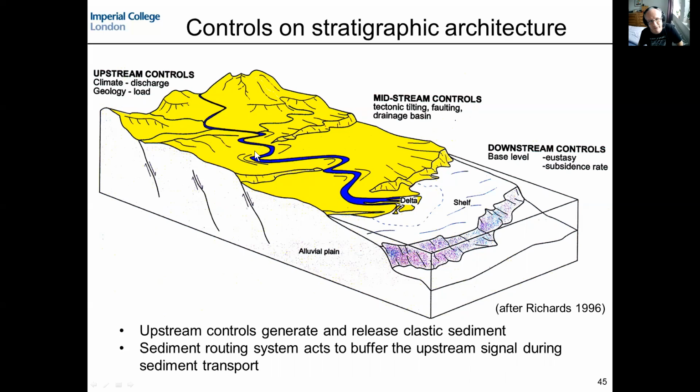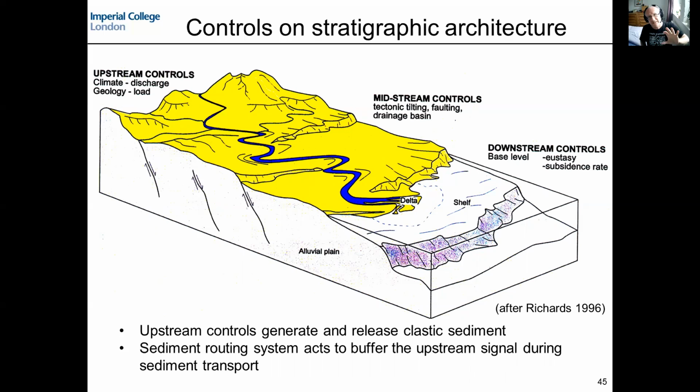That could be a long, tortuous route, as this diagram is showing here, or if the hinterland is right next to the basin, the release of sediment could take place very quickly. Once we get into the basin itself, we can think about eustasy and subsidence as being important. So this is just a cartoon representation of some of the controls I've just talked through.